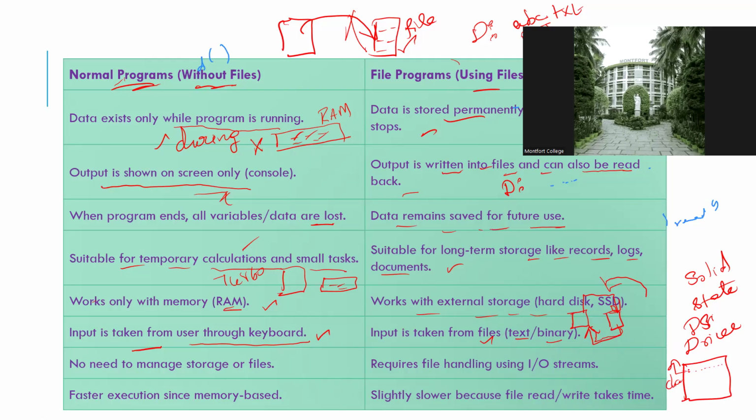For example, if I have "I love Java", the things we have are I, then a space, then L, O, V, E, then a space, then Java: J, A, V, A. So I will be taken and written into some other notepad, and the space will be taken here and also written. L also will be taken and written.